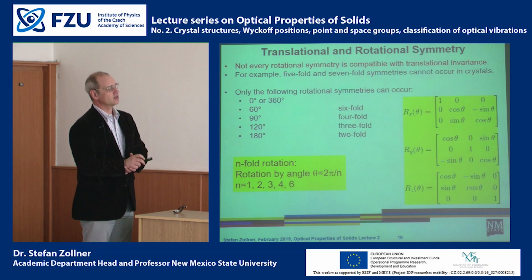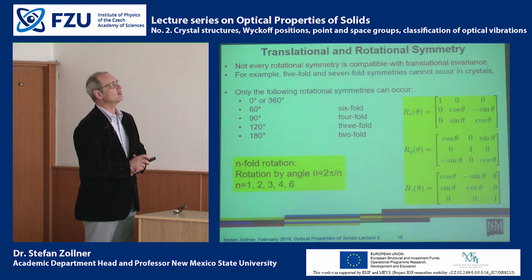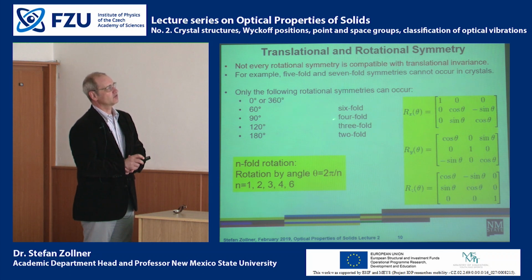The only rotational symmetries that are allowed in a crystal are 0 or 360 degrees, and then we can have 6-fold, 4-fold, 3-fold, and 2-fold rotational axes. So n is 1, 2, 3, 4, and 6, and then we can have a rotation by 2 pi over n.